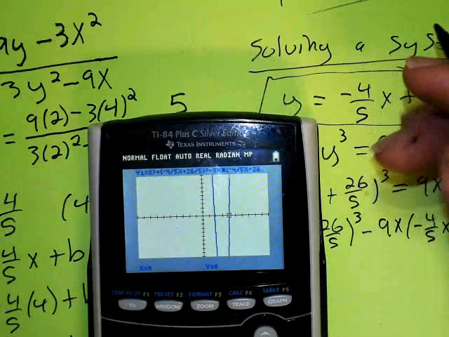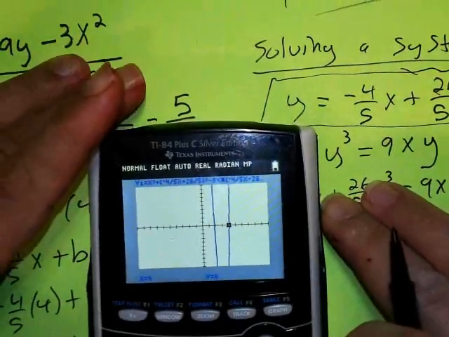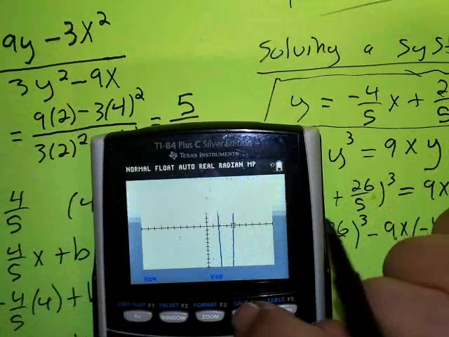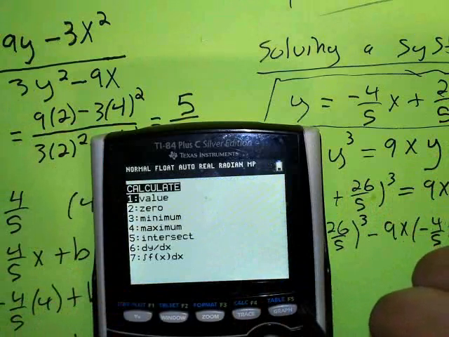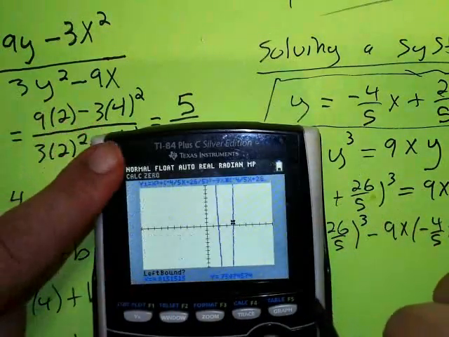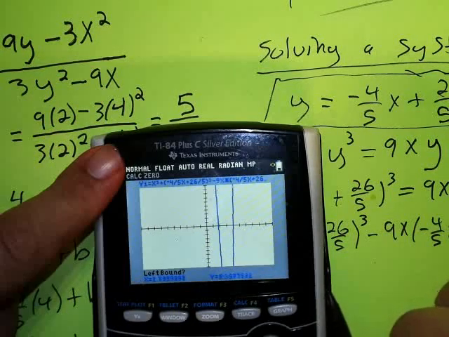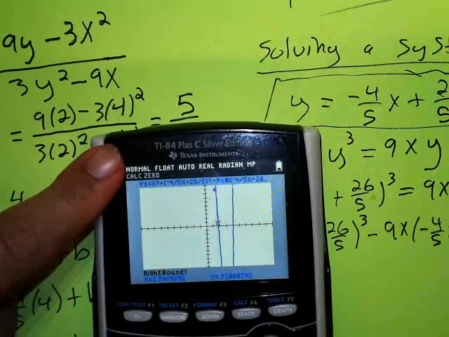It's before that. And so we can find that root here by hitting second calc and going to the zero. Now it wants me to go to the left side of the function, so I hit on the left side. Then I go to the right side, then to the middle, and hit enter.